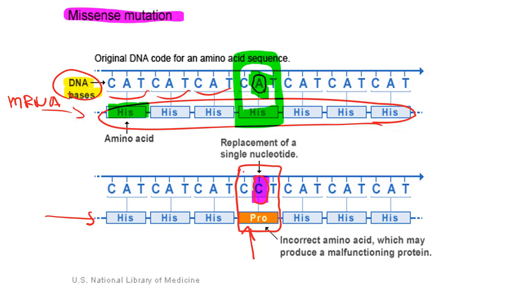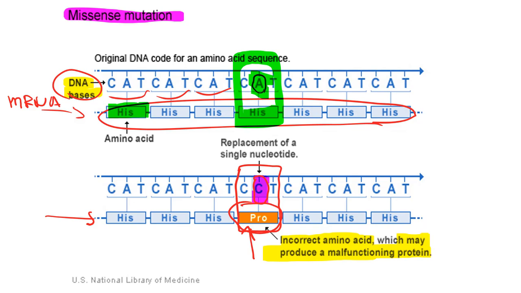But what we see now is that, because of only a single base change, one of the amino acids incorporated inside the growing chain of polypeptides is now going to be a proline. And in that case, of course, this is an incorrect amino acid, which may lead to a malfunctioning protein.